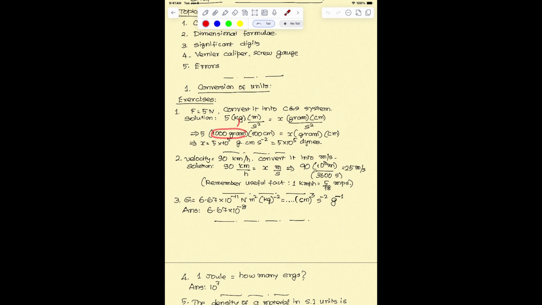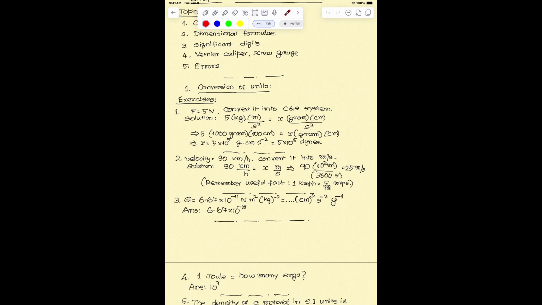So you write this equation and make the same units on both sides, starting from each unit. Instead of kg you write 1000 grams, and instead of meter you write 100 centimeter. Now you can cancel gram with gram, centimeter with centimeter. Second square remains the same, as there is no change in the system, so you can cancel it also.